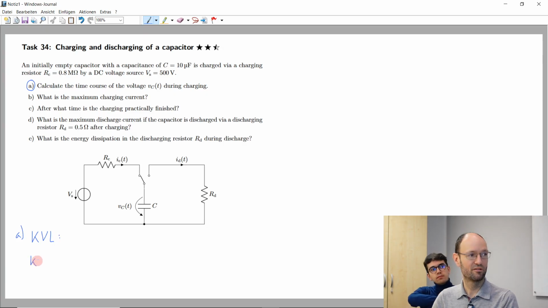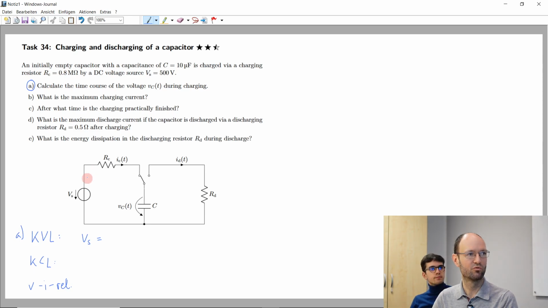We can always set up Kirchhoff's current laws as well, and we would need to have the voltage-current relationships at our elements. So if we set up a Kirchhoff's voltage law in this loop, it says that the source voltage, this one here, is the same as the sum of these two voltages.